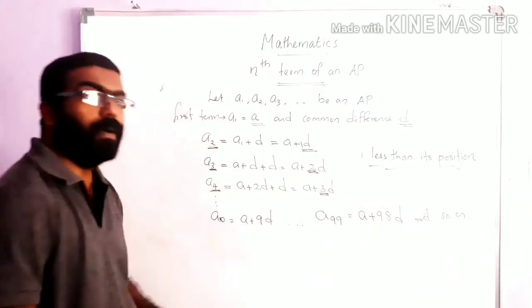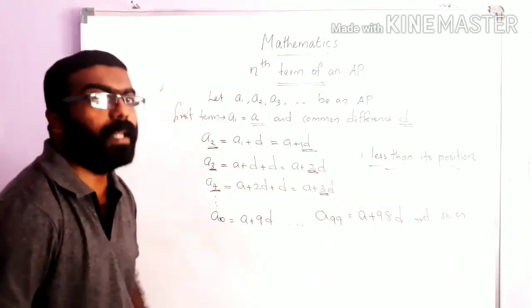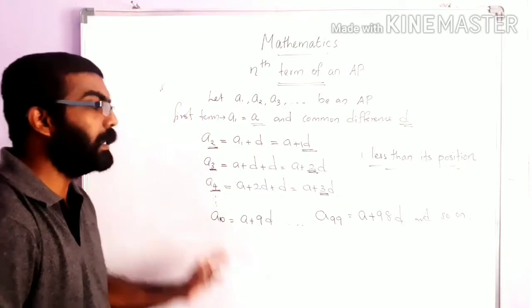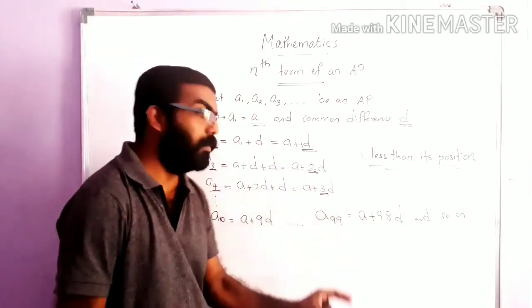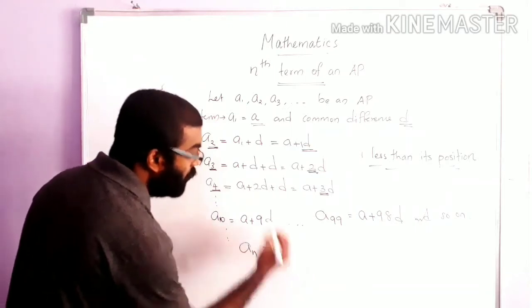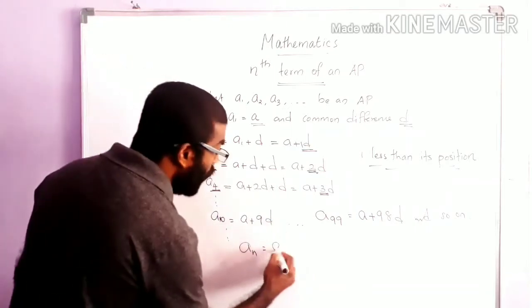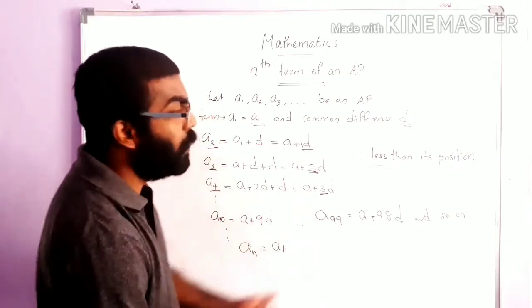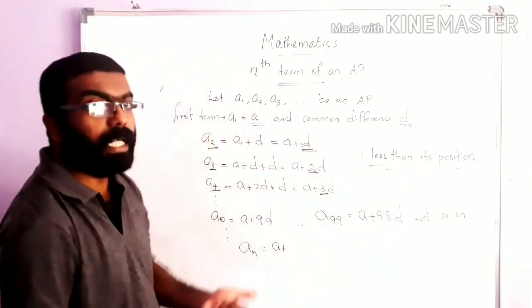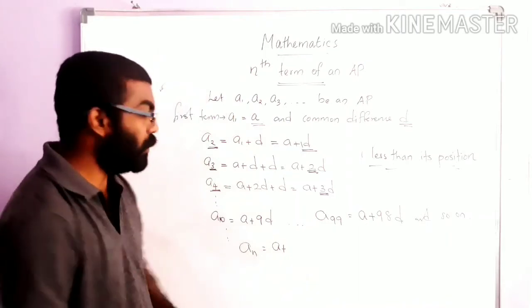Okay, so if we want to find the nth term, like the second term, third term, fourth term, 10th term or 99th term, if the position is n, then what can we write? An is A plus, according to the rule, 1 less than its position. The coefficient of D is 1 less than its position.